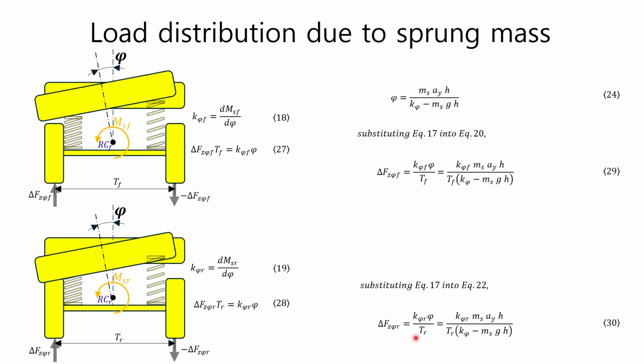We can see that both the front suspension load transfer equation 29 and the rear suspension load transfer equation 30 include the same roll angle phi. In the next step, we will calculate the lateral load transfer due to lateral force at the front and rear roll center.